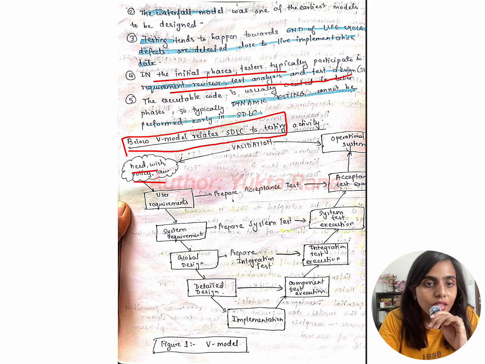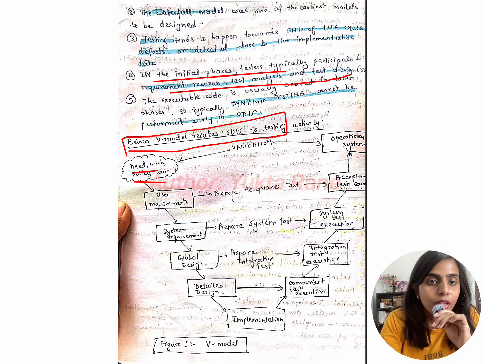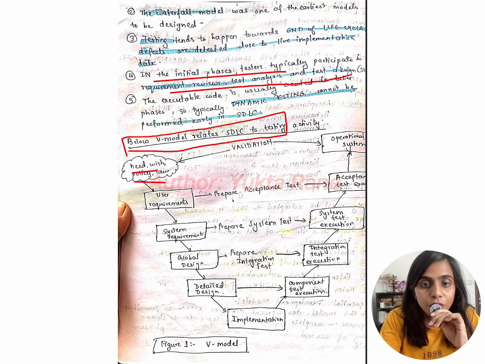Now if you see, the left side is aligning with the right side. Based on the user requirements, acceptance test criteria will be prepared. Acceptance is prepared by the users or business representative, to check if the intention of the product or process is met at the end, which is nothing but validation.